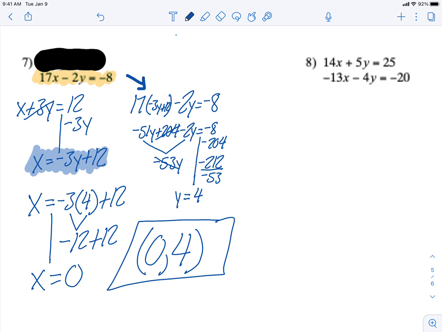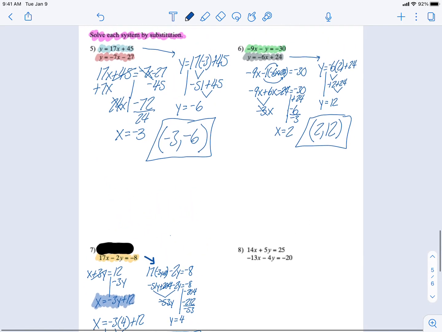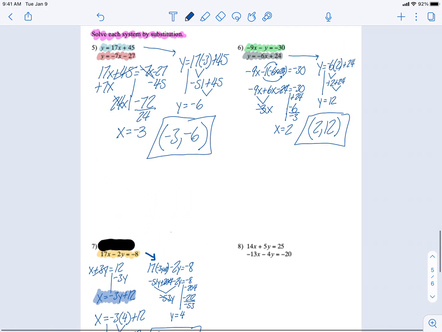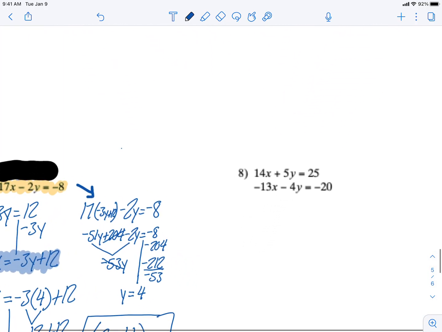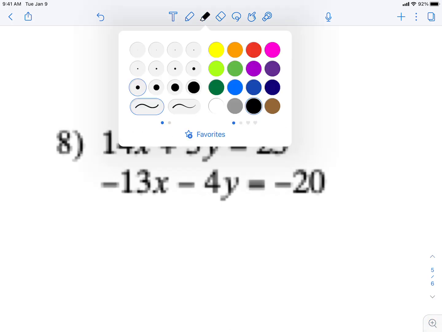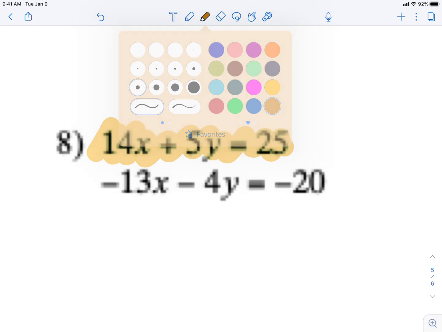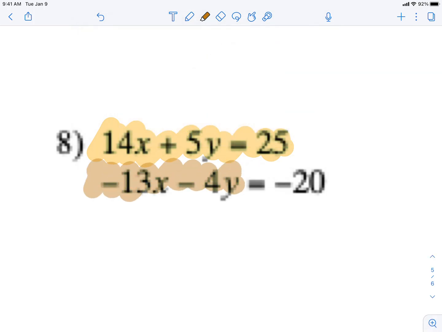Last one. Right? Last number for elimination, and the most complex of the substitution. The most complex of the substitution that we're going to see is, so first of all, let me highlight here, right? I'm going to highlight my things. So this one is yellow, and this one I'm going to highlight in brown, okay?